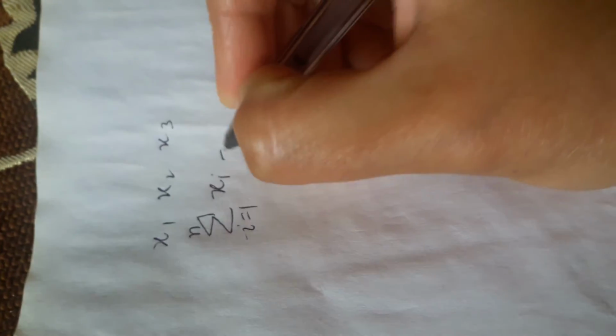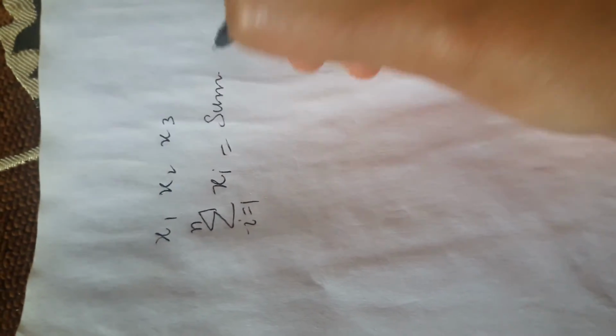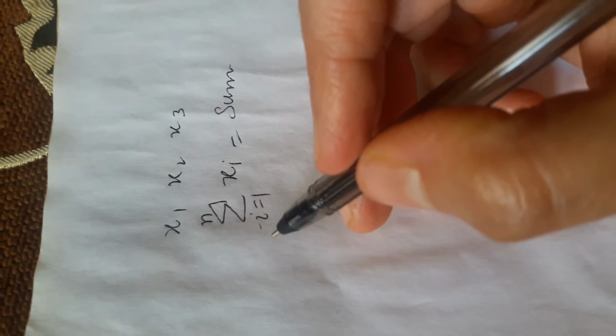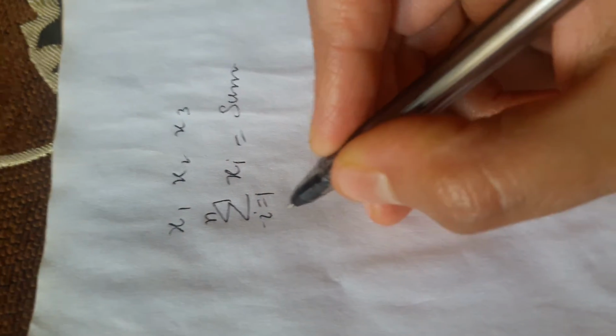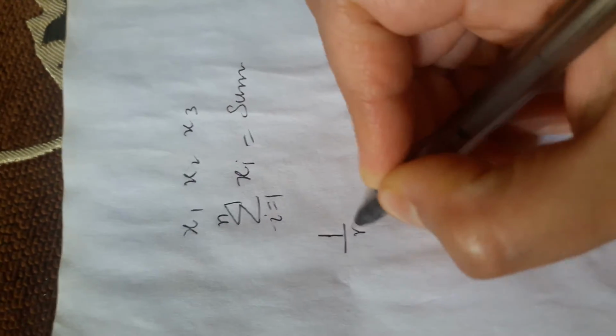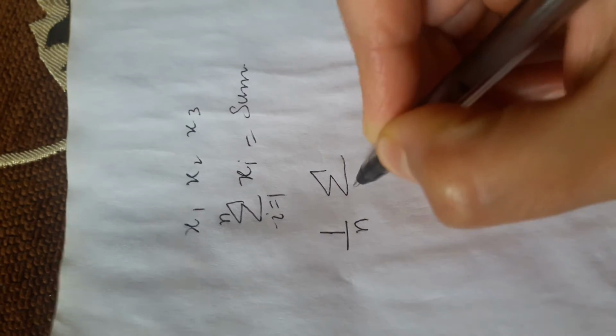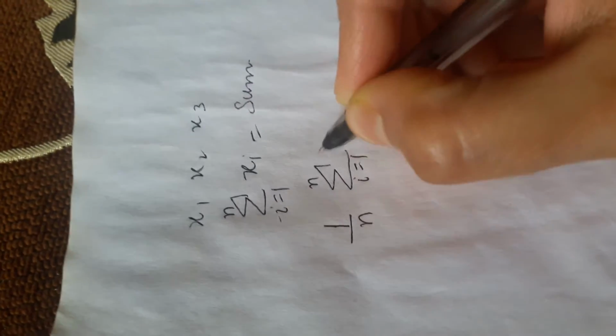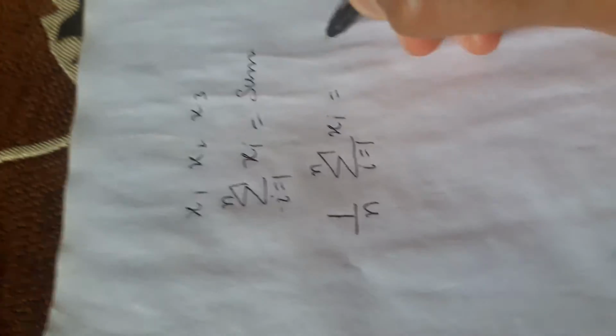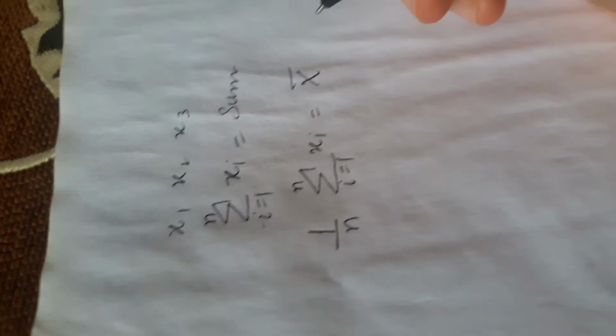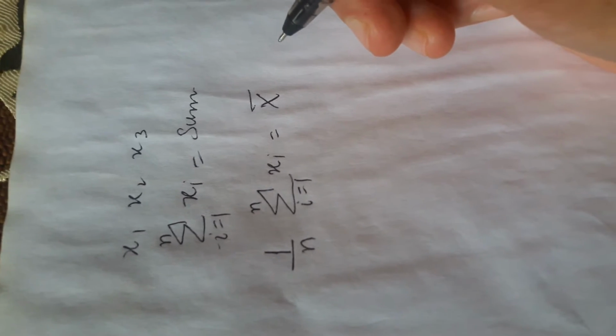This gives the sum of these values, right? And in case you have to find the mean, the average of the same, you simply divide it by n. Summation i goes from 1 to n xi, divided by n, is equal to x bar, that is the average of the discrete values.